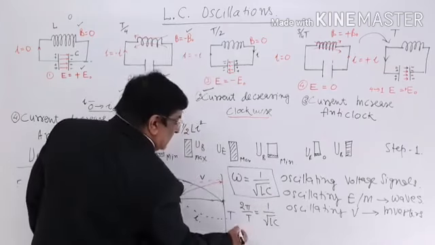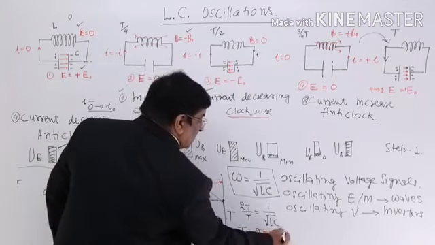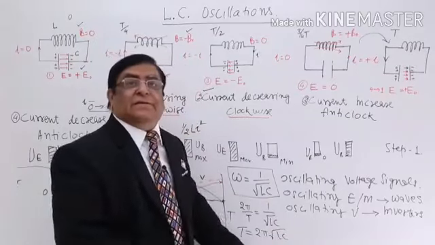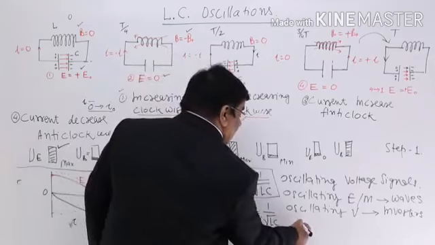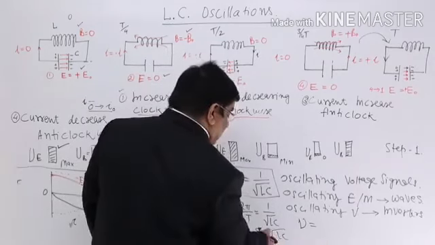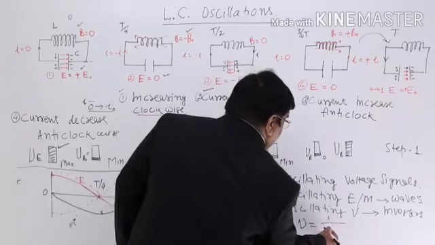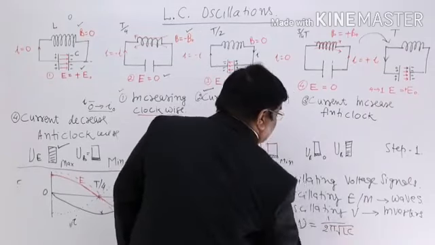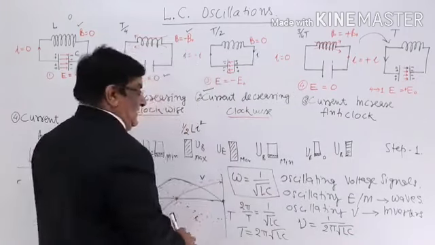So T is equal to 2 pi root LC, the time period. What is its frequency? Frequency nu is equal to 1 upon T, that is 1 upon 2 pi root LC. This is frequency, this is angular frequency.